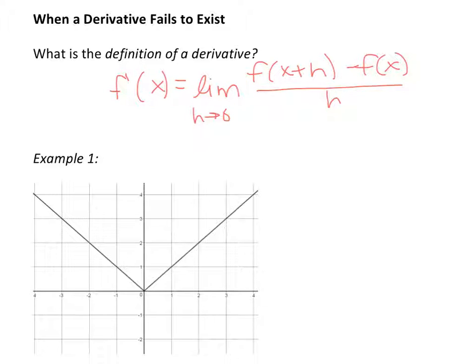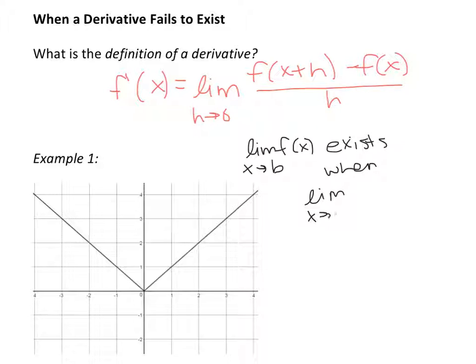That's the definition. So just to review, we say that the limit of some function, let's say x is approaching b, of your function exists when the limit from the left of your function equals the limit from the right of that same function, at b.